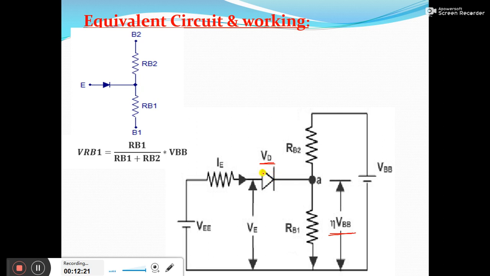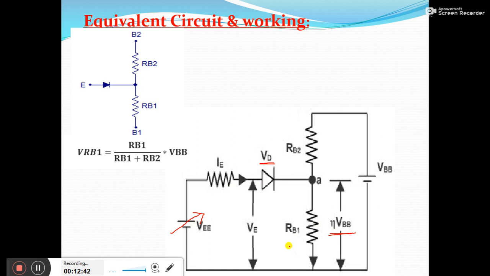The drop across VD is found to be VD here, and the drop across RB1 is found to be eta VBB. So whenever this VE value is less than VD plus eta VBB, there won't be any IE current flow from emitter to RB1.